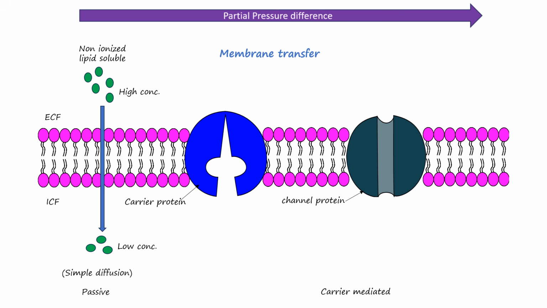Carrier-mediated transport of drugs involves proteins in the membrane that help the drug cross. There are two main types: facilitated diffusion and active transport. In facilitated diffusion, the drug binds to a carrier protein which helps it cross the membrane. Like passive diffusion, the process does not require energy and moves the drug from a high to low concentration.